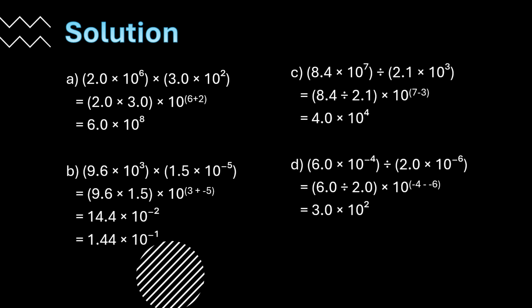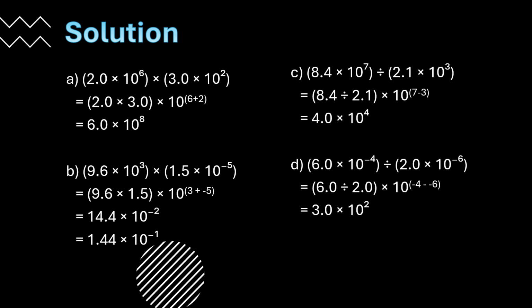Now in letter B, take note that our exponents are not of the same signs and not of the same values. So what we're going to do is multiply 9.6 and 1.5. So 9.6 times 1.5, we got 14.4.